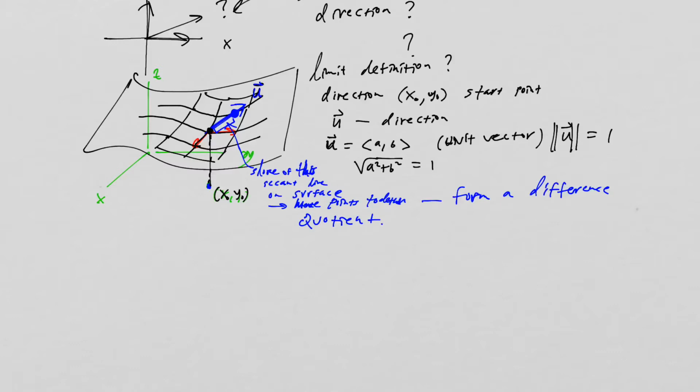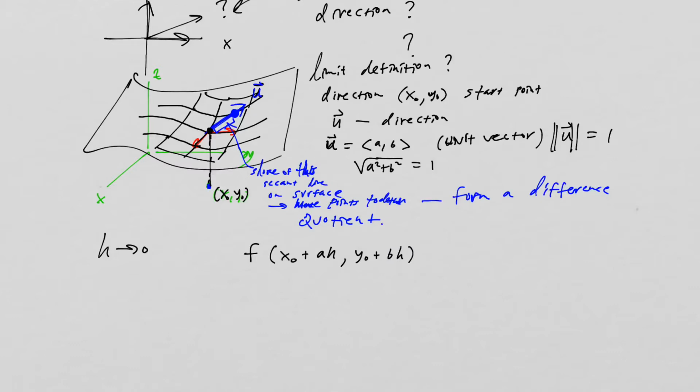To figure out how to do this, we have a variable h as normal, right? We're going to take h to 0. But the idea here is we have f, and we're at point x, but then we're going to displace a little bit by a, and multiply by h. And then we have y plus bh, right?